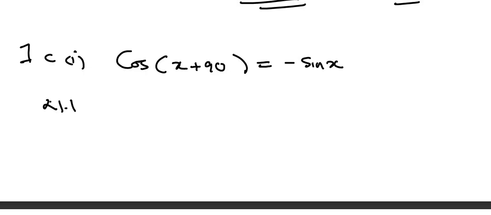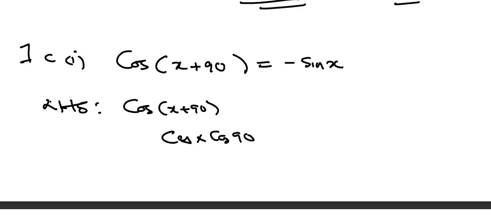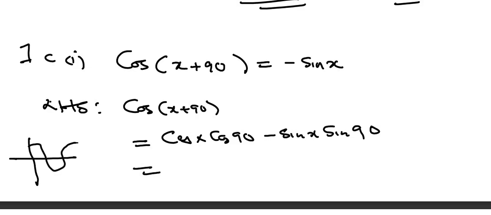So we'll start with the left hand side, which is cos of x plus 90. This is the same as cos x cos 90, then minus sine x and sine 90. So according to your graph, you know that cos 90 is supposed to give us a 0, right? According to the cosine graph. The cosine graph looks like this. 90 is here, so it's 0.